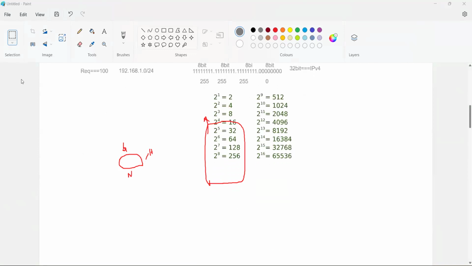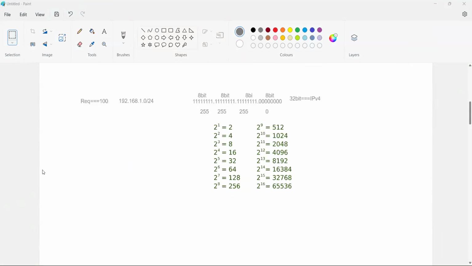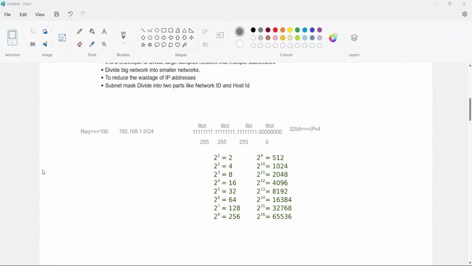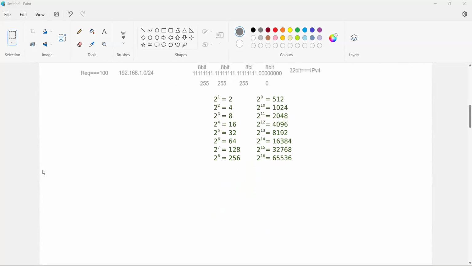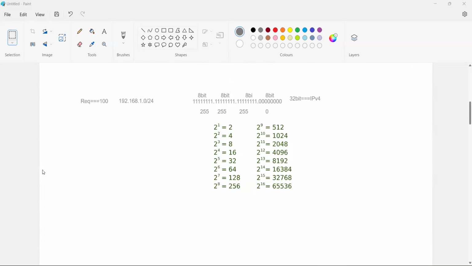See, now what will I do? Our requirement is 100 users. We need 100 valid IP addresses, so there is a formula. First of all, I need my requirement: 100 users.